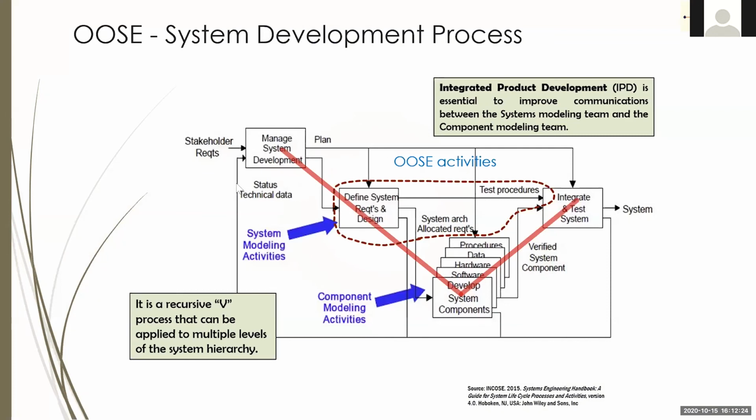Now, as an example, what you are looking at here is one system engineering development life cycle. It's called object-oriented system engineering. And what we are putting over here are some of the main activities. You will have to manage the whole system development and create a plan.